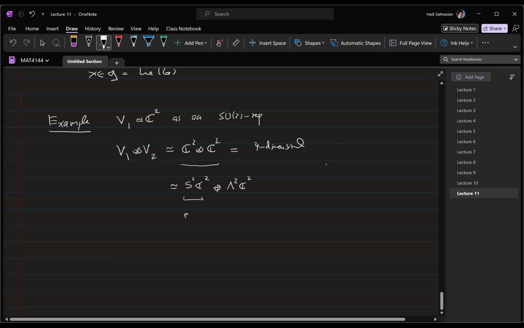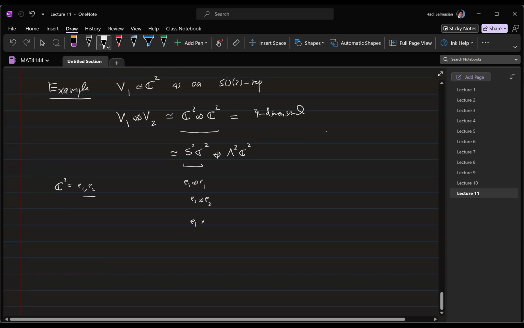Let's say C2 has a basis E1, E2. Then you have E1 tensor E1, E2 tensor E2, and E1 tensor E2 plus E2 tensor E1. These three vectors span the subspace of symmetric tensors. And then there's another tensor, E1 tensor E2 minus E2 tensor E1, that will span a one-dimensional subspace.